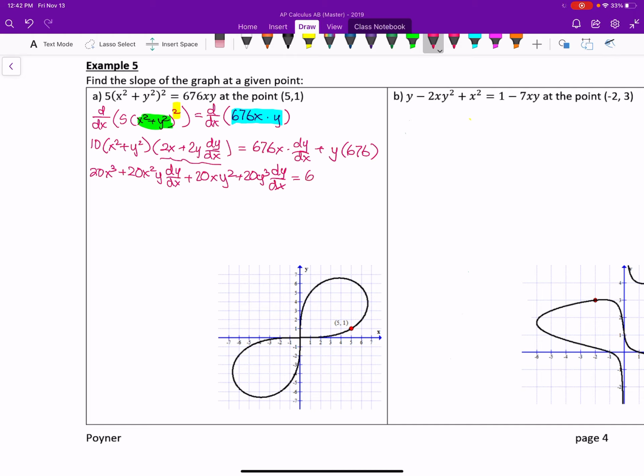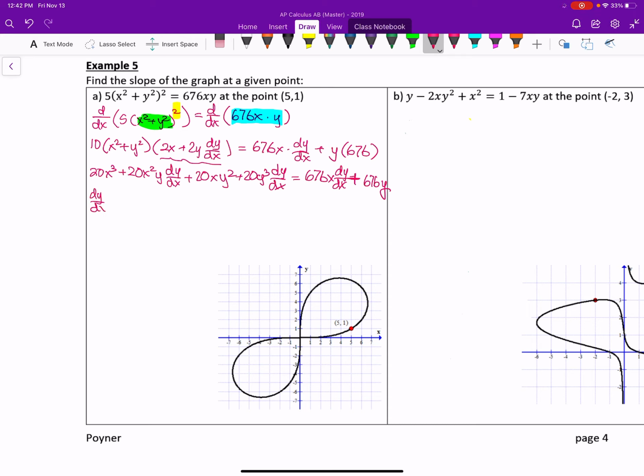Polish the other side off a little bit, 676x dy dx is equal, oh, not equal to, but plus 676y. Then group all of the dy dx terms. In this case, I'm just going to put it on the left and everything else on the right, and I'm going to factor out the dy dx.